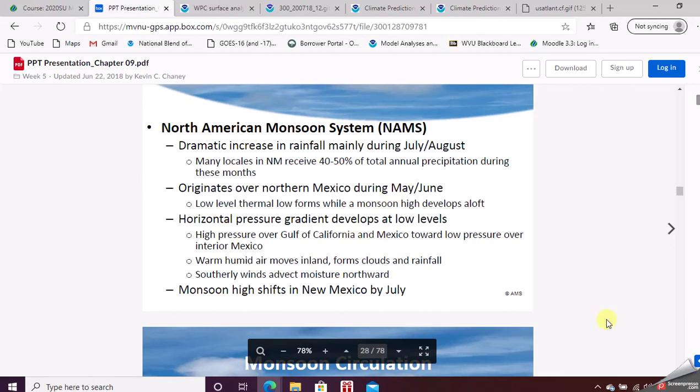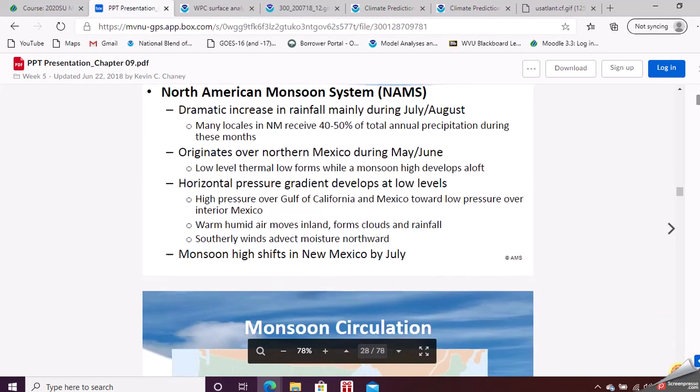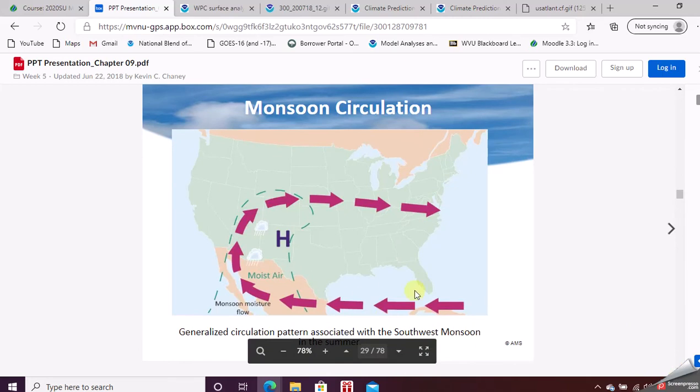And what happens with that, you wind up getting a pressure gradient, and you wind up getting a lot of moisture coming in from the Gulf of Mexico, Caribbean Ocean, even the Southern Pacific into that area during the summertime, and then wrapping back up to the north. So you wind up with a lot of rainfall, much of Tucson's rain, Albuquerque, Phoenix occurs in July, August, into September from the monsoon pattern.